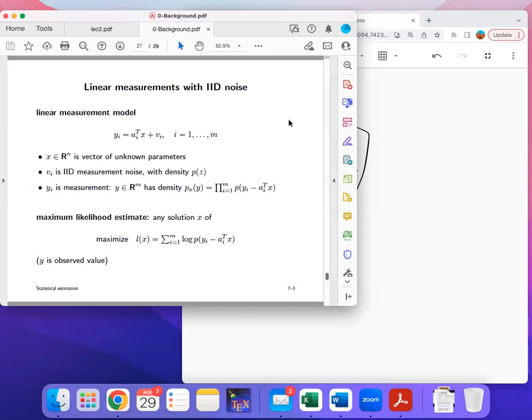The first one is related to signal processing. We have this linear measurement model, right? Well, this equation is a linear equation. Basically, the observation yi is given by the dot product between ai and x plus noise vi.